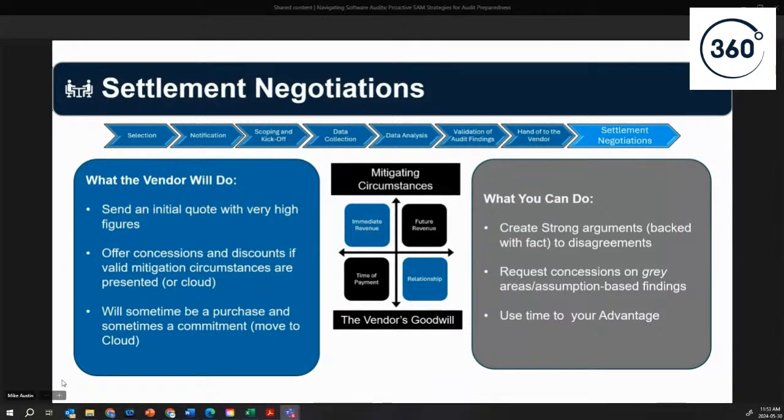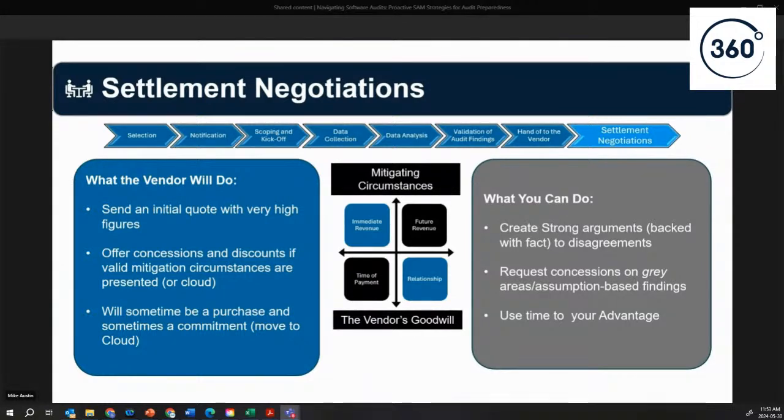So I would say anything that's gray shouldn't be in there, a little bit more aggressive on not paying that type thing. But in here, what you want to be doing is thinking about what'll happen. So the vendor will get you an initial quote with some very high figures, a lot of times at list, not showing penalties, not at your contractor price, whatever that is.